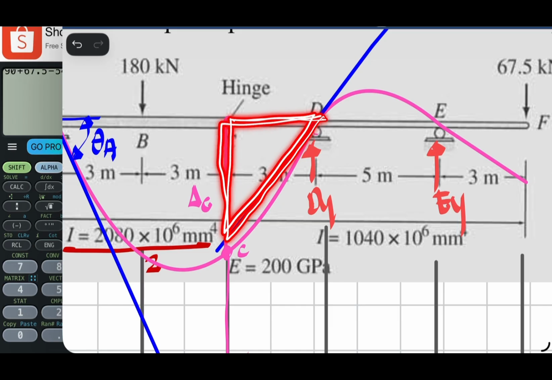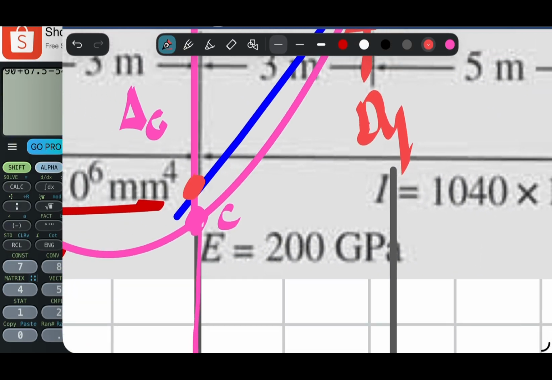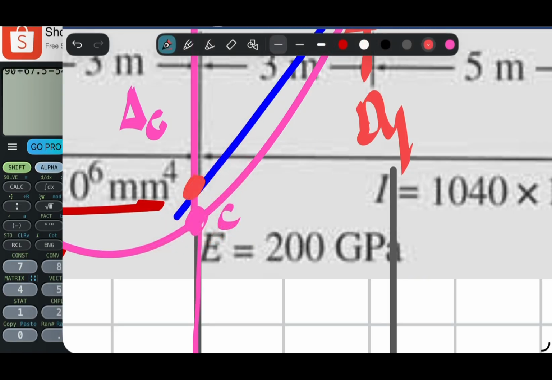But, kanang triangle, kung dili na siya taman, gikan diri nga point, padulong diri nga point, kana siya is deflection sa C on the elastic curve to the tangent line D. So, kana siya, kaning gamay, kana siya is equal to the deflection of C sa elastic curve to the tangent line D.